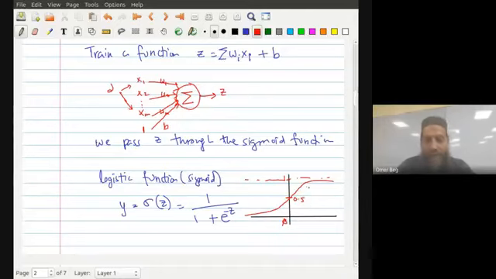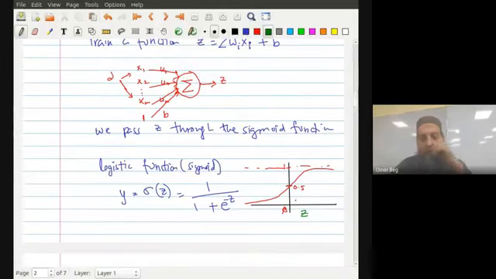So if I put z on the x-axis, it converts everything generated by this function z to between 1 and 0. If z gives you a very large number, it's going to be converted to something very close to 1, like 0.99. If it gives you a very small number, it's going to be converted to something very close to 0, but not exactly 0.